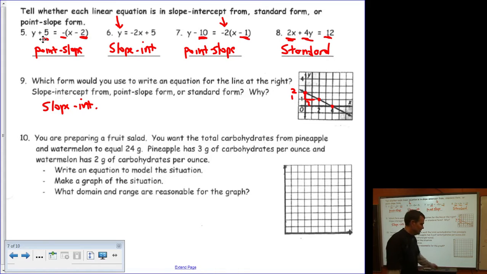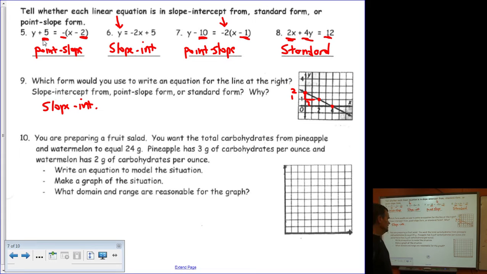Number 10 is a little bit of a time-consuming problem. Number 10 says I'm preparing a fruit salad and I want the total carbohydrates from pineapple and watermelon to equal 24 grams. Pineapple has 3 grams of carbohydrates per ounce and watermelon has 2 grams. Okay.